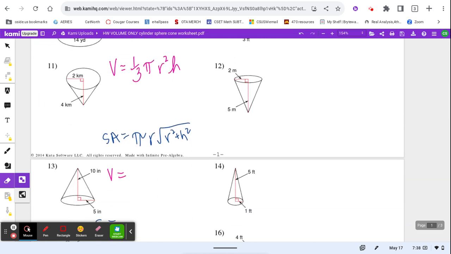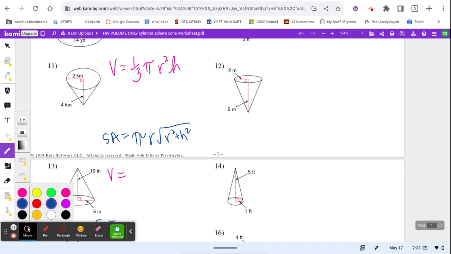Here I go with cones. Notice the cone formula has a 1/3 in it because the volume is only filling up 1/3 of a cylinder. So we're just going to plug in 1/3 of pi times radius squared times the height of the cone. And then 2 squared is 4. 4 times 4 is 16 pi thirds.